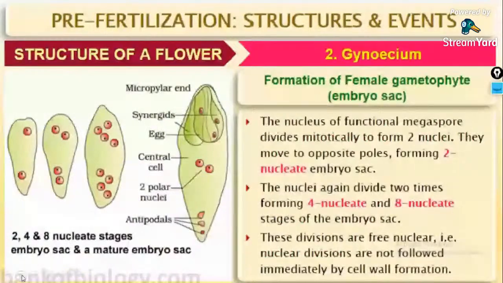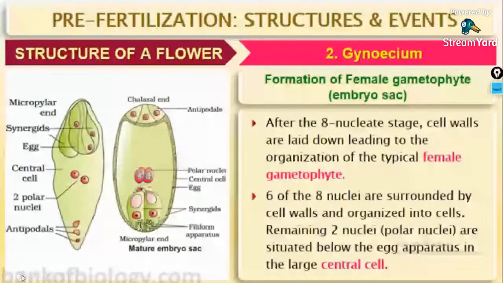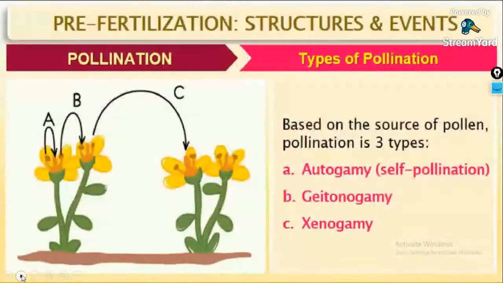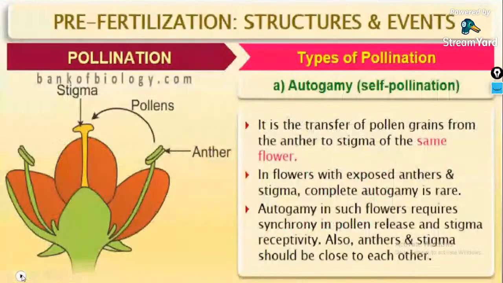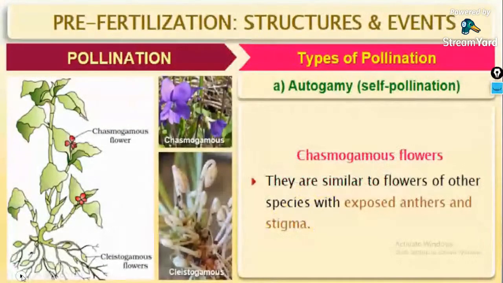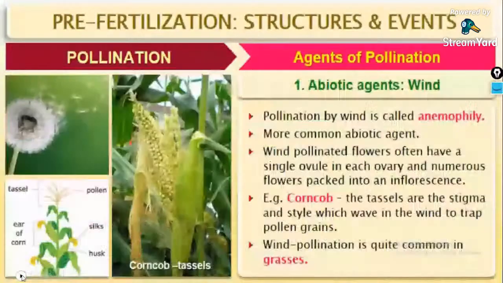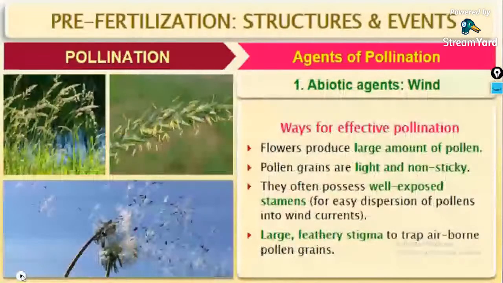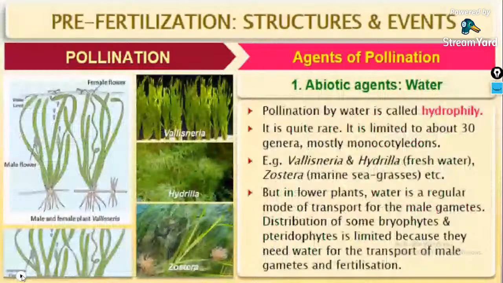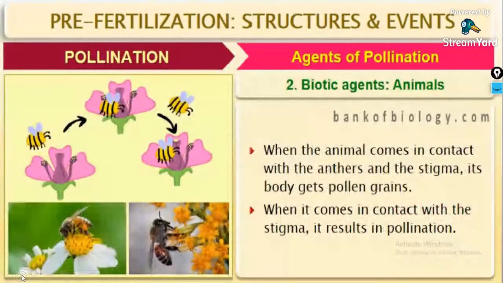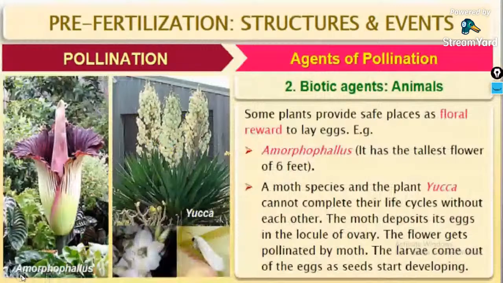After that, we'll be discussing pollination, the types of pollination in different organisms: geitonogamy, autogamy, xenogamy, and the agents of pollination also in the third class of this chapter. So after that, we'll go back to the fertilization event and finally to the pre-fertilization event.